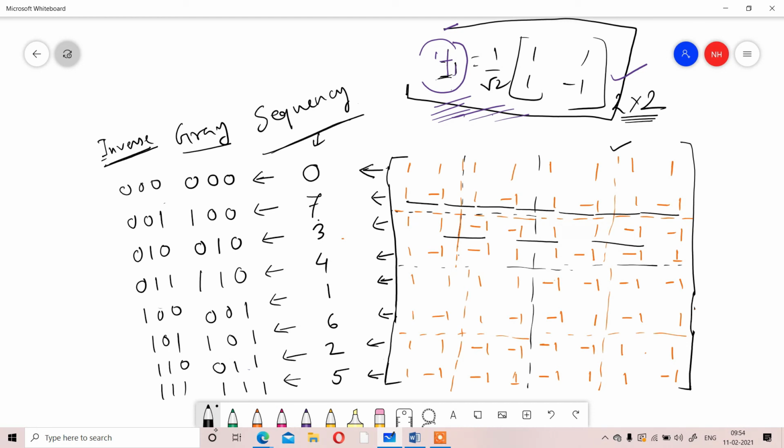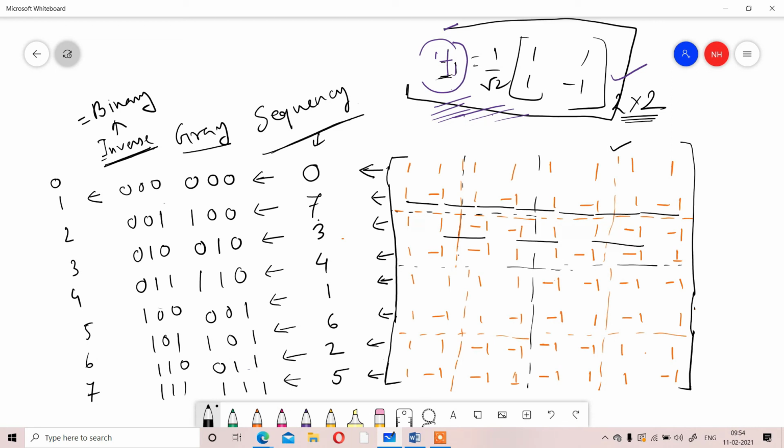We have got the binary code of 0 to 7. So the inverse of gray level is equal to the binary code; if we consider binary, we can write the decimal representation as 0, 1, 2, 3, 4, 5, 6, 7.